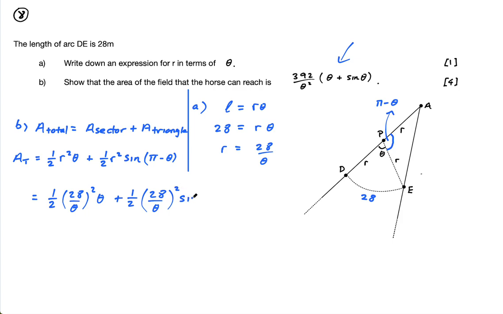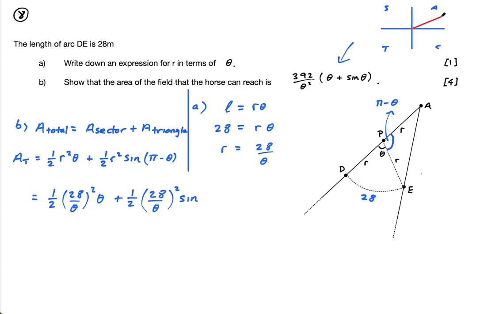Remember, from your knowledge of sine functions, the CAST diagram and the unit circle, the sine of pi minus theta is the same as the sine of theta. On the unit circle, the sine is the y coordinate.